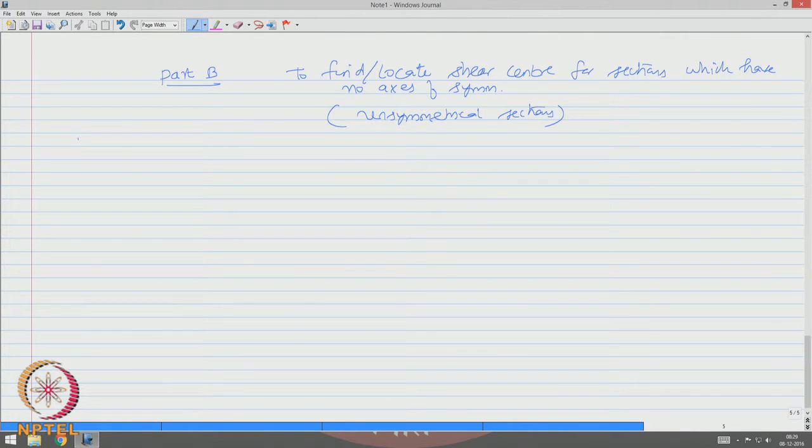Let us take an example. Let us take this unsymmetrical section I am drawing.